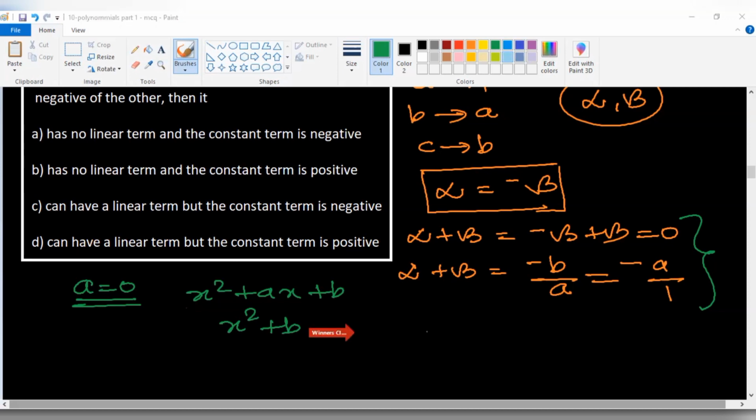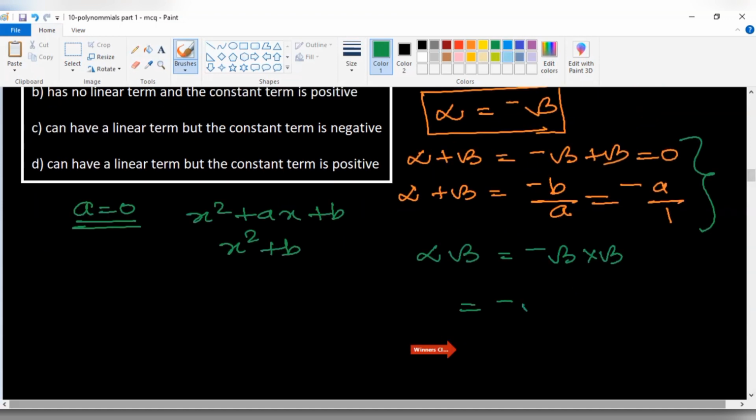For that, let us consider alpha into beta. Here in place of alpha we can give minus beta here also. So minus beta into beta, that is minus beta square. See, the product is always negative. The product of zeros is always negative because one is the negative of the other.